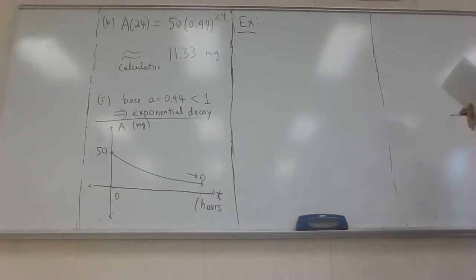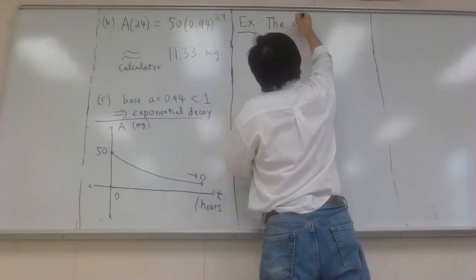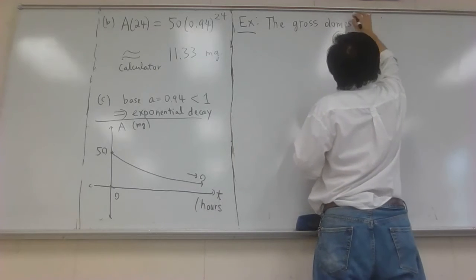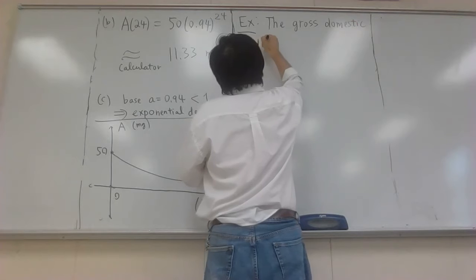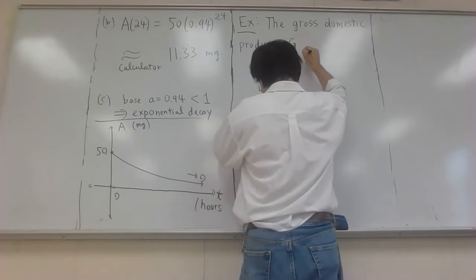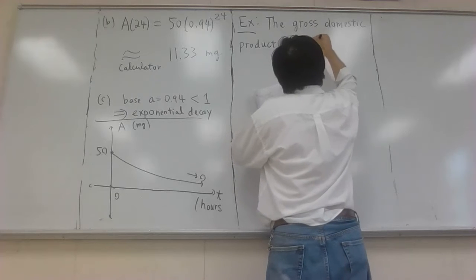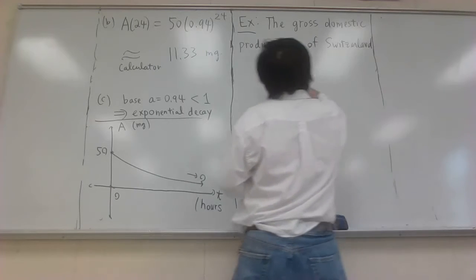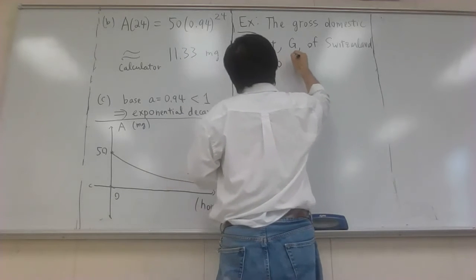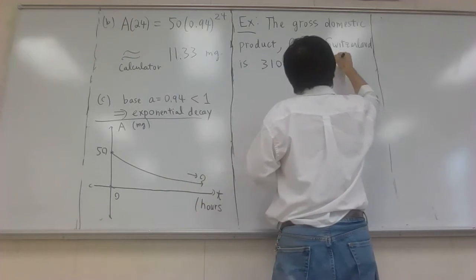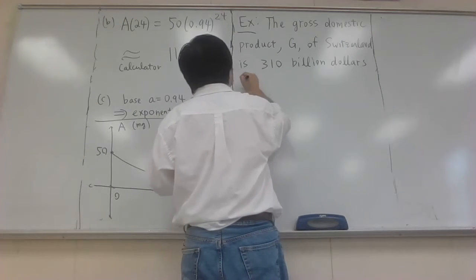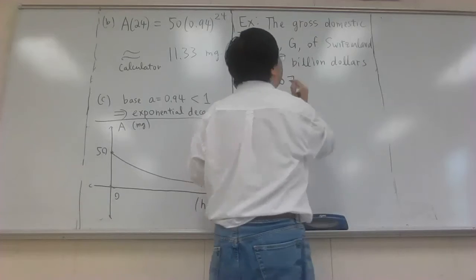The gross domestic product G of Switzerland is $310 billion in the year 2007 AD.